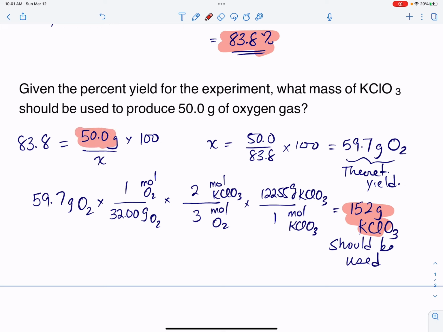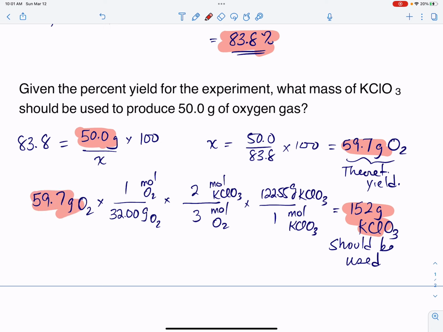So the 50 grams is 83.8% of the amount that I'm aiming for, the 59.7 grams. Then we took the amount that we should aim for as the starting point in our stoichiometry calculation, and we calculated that you should use 152 grams of the KClO3.